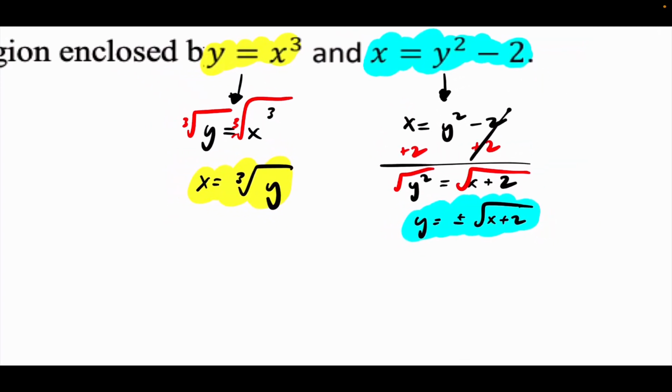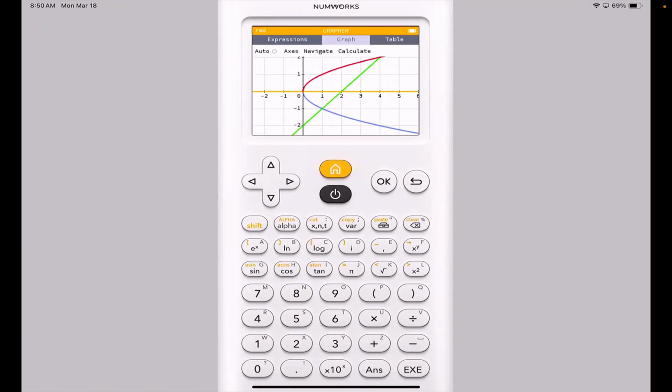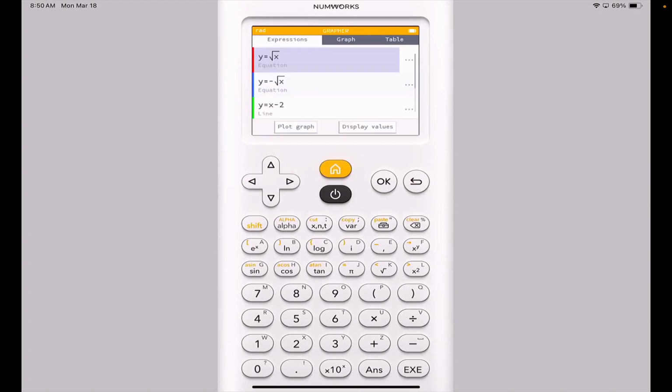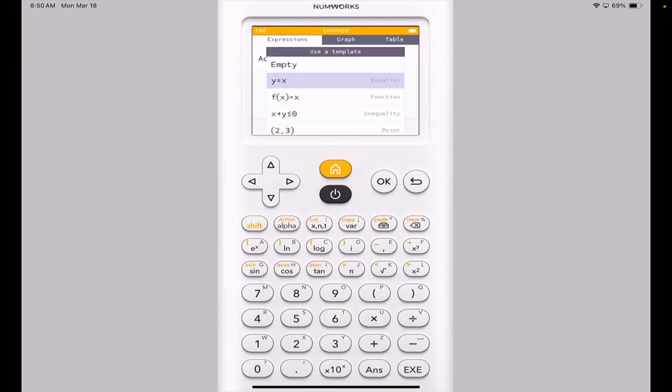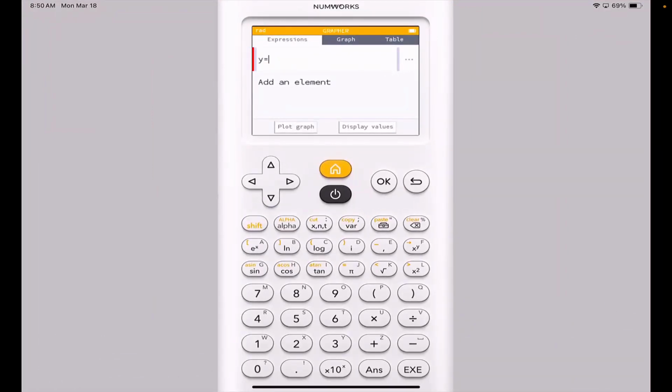Okay, so the first thing is picture. Let's get a picture of these two guys. So I'm going to go back to my graph. I'm going to delete the ones that I have. Go back to expressions. Just hit clear and it'll clear them out. Okay, first guy. Y equals x cubed. Oops, forgot the x part. That's squared. Okay.